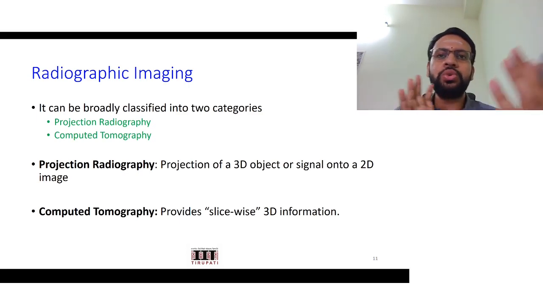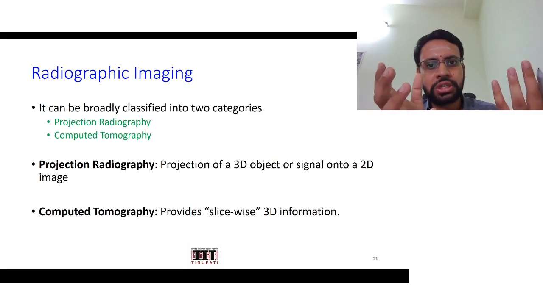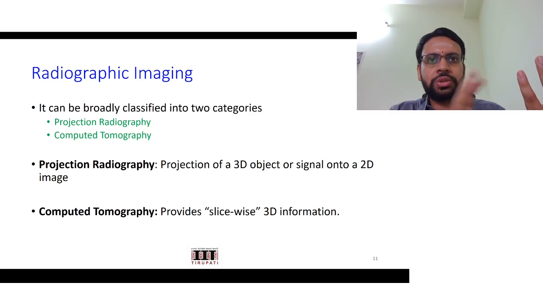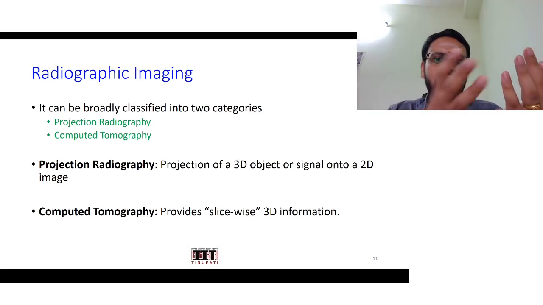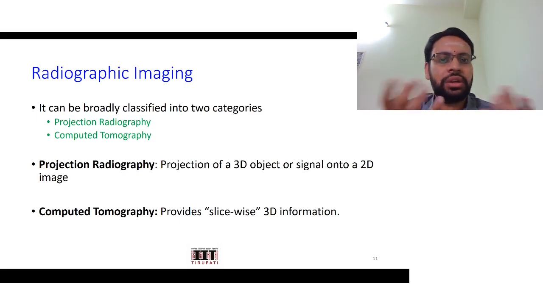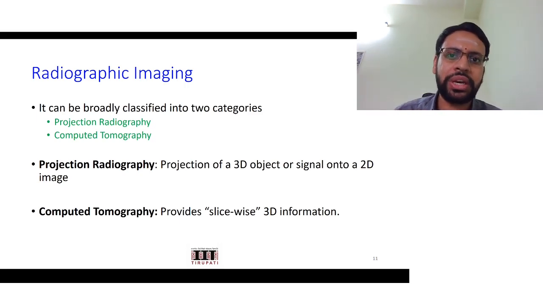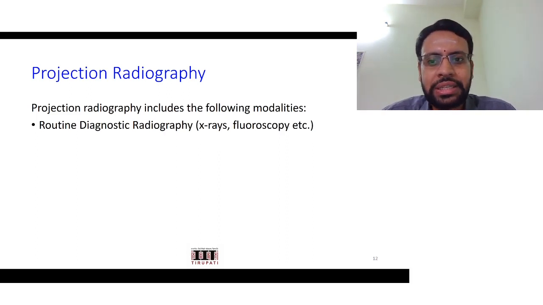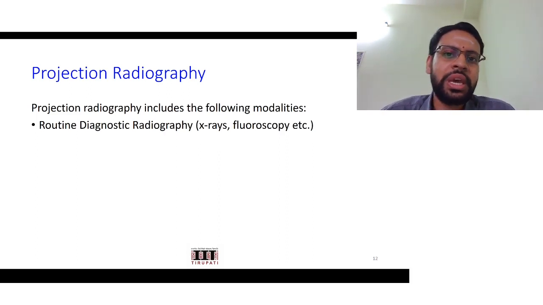Essentially you do multiple projections, not just a single projection, multiple 2D projections of the 3D object, and from there you will be able to mathematically reconstruct the object in 3D. We will discuss that in more detail as we move on in this course. All I will do in this lecture is introduce you to the names of these modalities, and as we move on we would discuss some of these modalities in more detail.